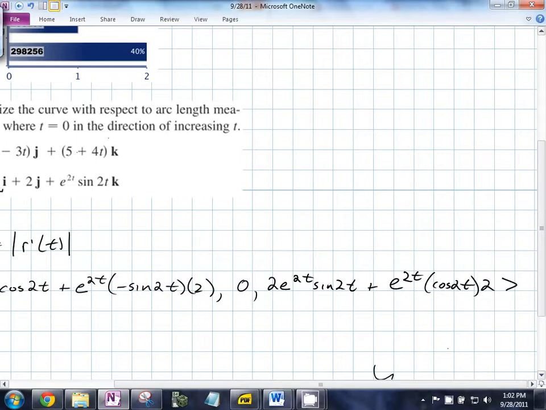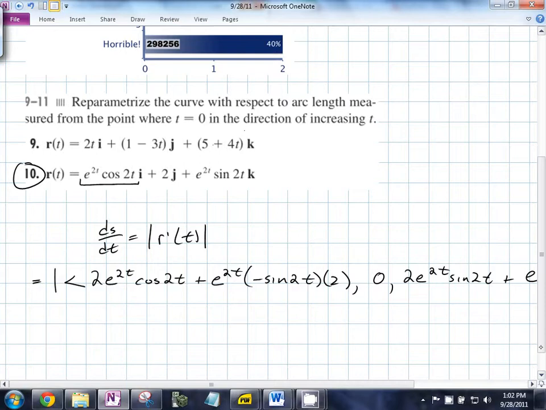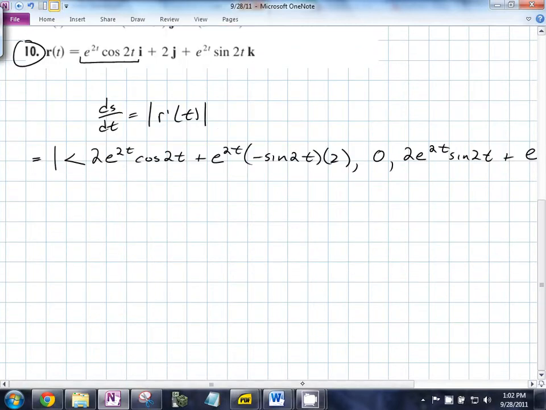And what do you need to do to that? You need to take the magnitude of it? Not yet. No, we're not plugging in anything yet. What can we do, Shuhan? There's something we can do to simplify this a little bit better. Factor out 2e to the 2t. Yeah, because 2e to the 2t is right there, and it's right there.